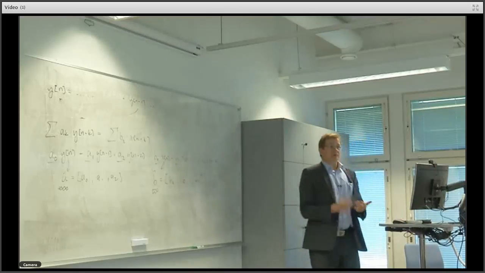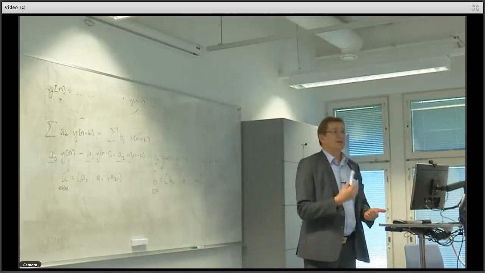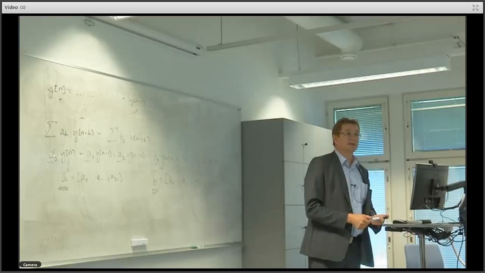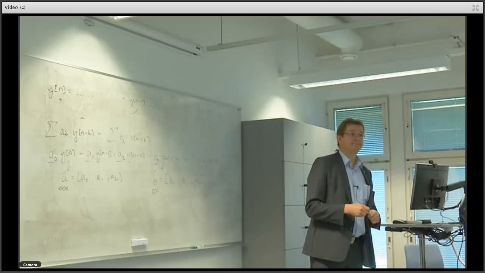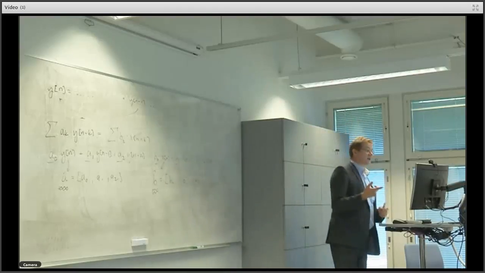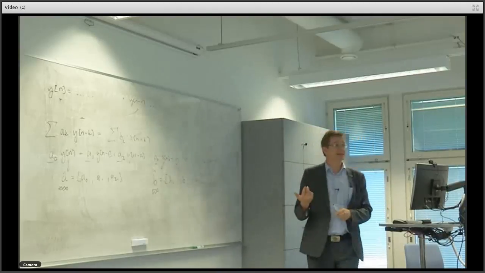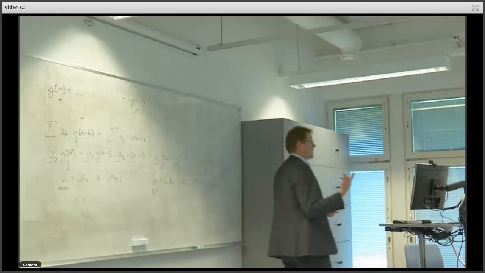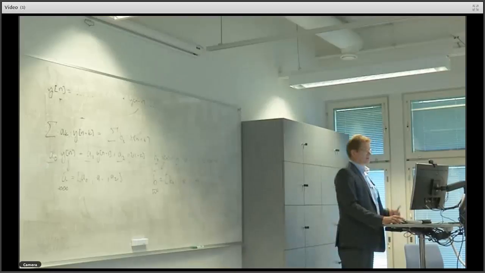Okay, then we go a little bit closer to the real system. The sampling rate, 8,000 samples per second. And plotting the frequency response for that system. Okay, there are actually commands to do it, so I'll just show them.